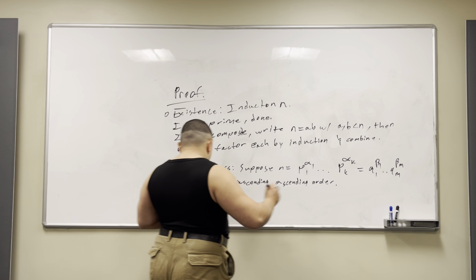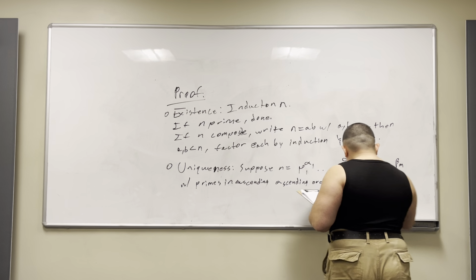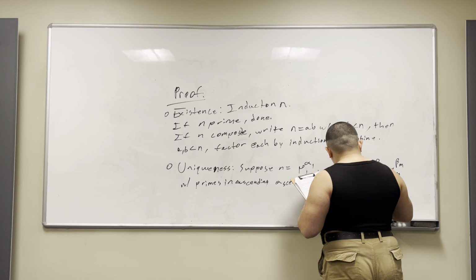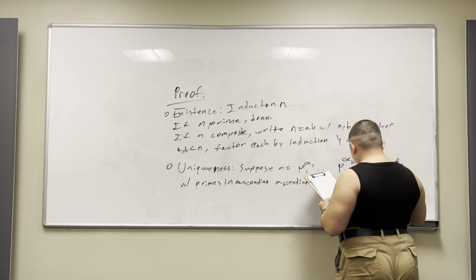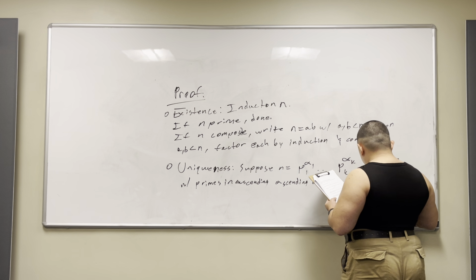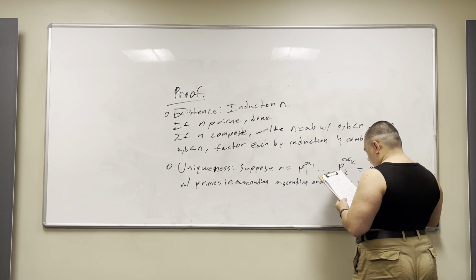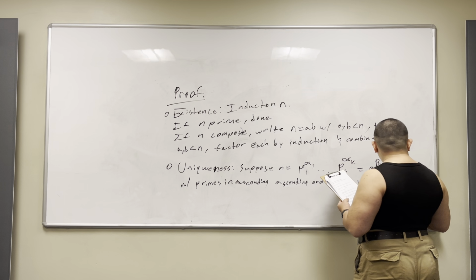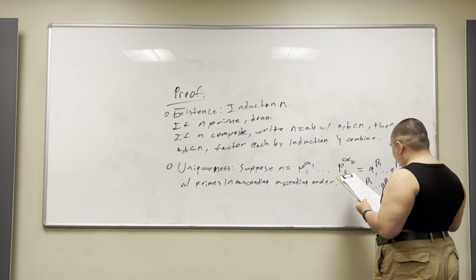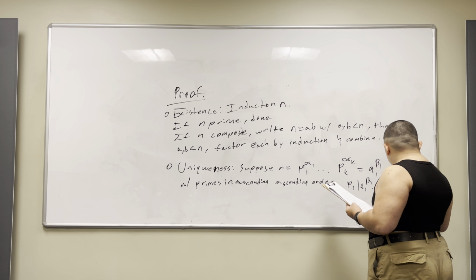So what we end up seeing here is that p sub 1 divides q sub 1 to the beta 1 multiplied all the way to q sub m to the power of beta sub m.